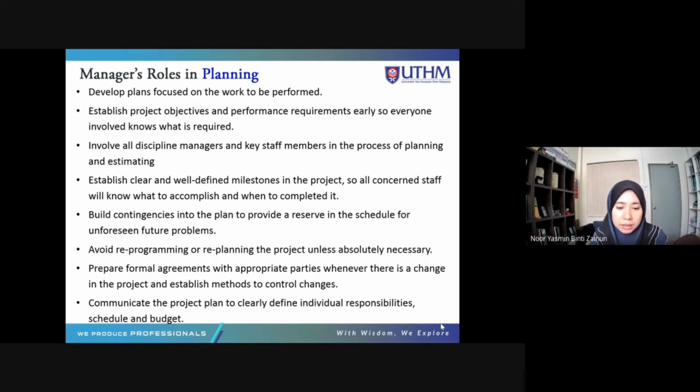They develop plans, establish project activities and performance, involve all discipline managers and key staff, establish clear and well-defined milestones in the project, build contingencies into the plan, avoid reprogramming or replanning, prepare formal agreements, and communicate the project plan to clearly define individual responsibilities, schedule, and budget.